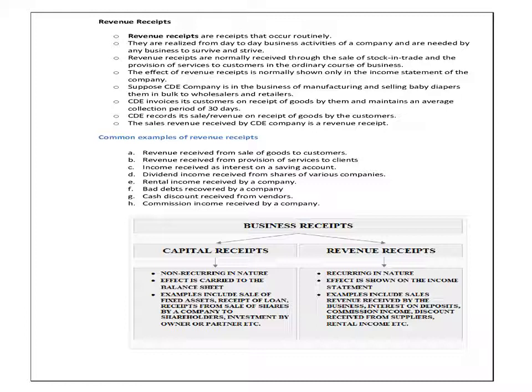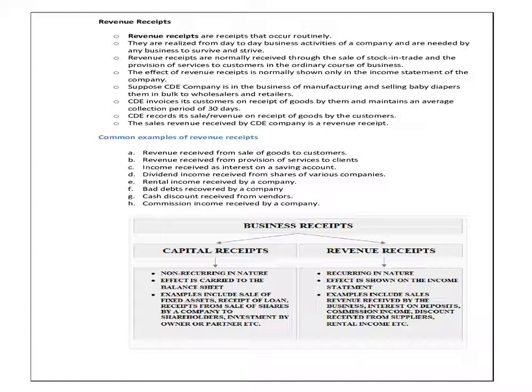What are the other examples of revenue receipts? It is revenue received from sale of goods to customers. Revenue received from provision of services to clients. Not only goods, but even if they provide any services and they are receiving money, that is also called revenue receipts because that is also an income.